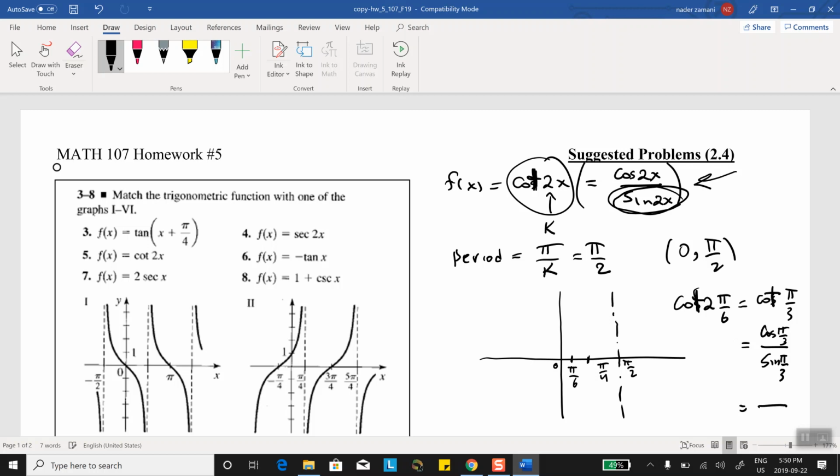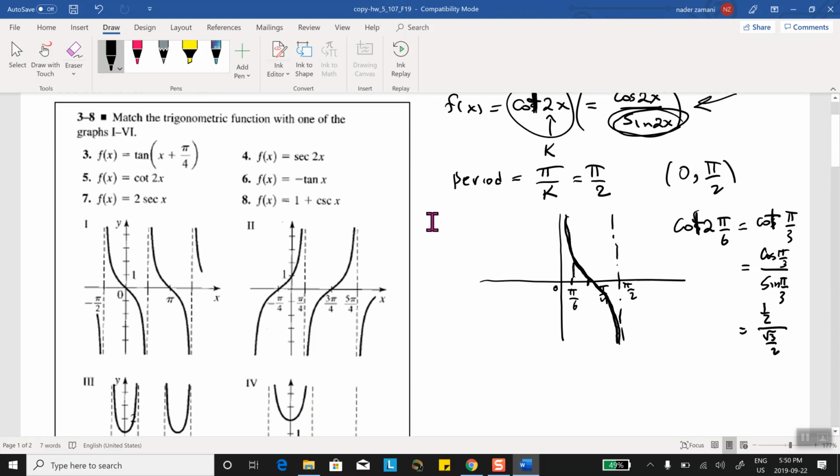You don't have to have your calculator to do that. This is 1/2, and this is root 3 over 2. The point is that it's a positive number. So at this location, we have a positive height. So the graph of the function is going to be coming from infinity, going to 0, and then going all the way to infinity. So this is the graph of cotangent of 2x.